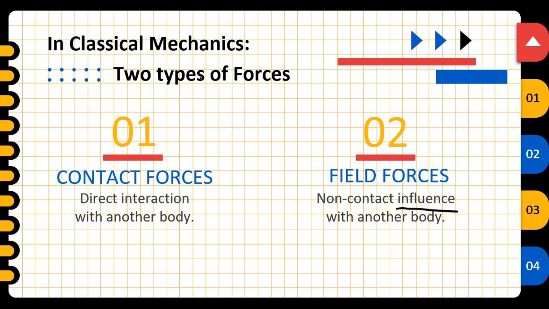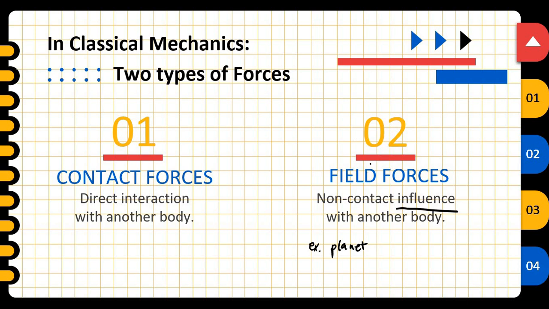We do know that the planets are revolving around the sun along their own orbits, and these planets do not move away from their own orbits. So we can deduce from these basic ideas that there is something that holds those planets so that they do not move away from their orbits, and these are the field forces.